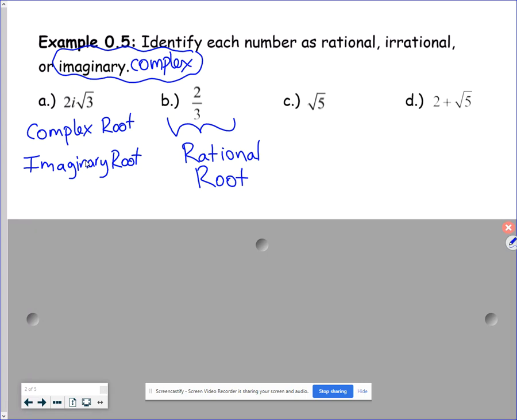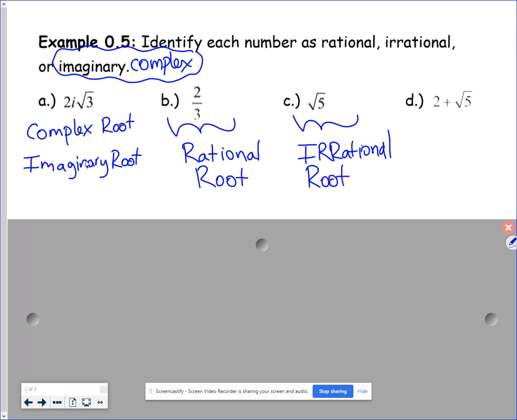C, we get the square root of 5. What is the square root of 5? Well, we plug it in the calculator, it'll give us a long decimal. Kind of like pi. It's a long decimal that doesn't end and there's no pattern to it. So this is an irrational root. Anytime you have square roots that don't have a perfect square under it, it's a dead giveaway, that's going to be irrational.